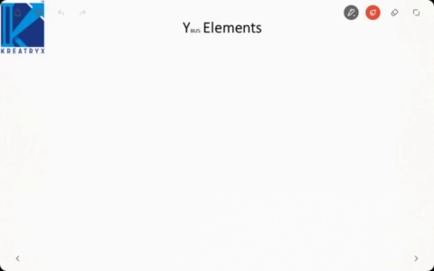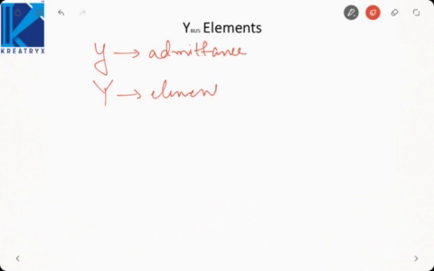Now let us understand what is the physical significance of each and every Y bus element. So first thing that you must understand is small y. This is used to represent any admittance, and capital Y represents an element of the Y bus matrix. Okay.